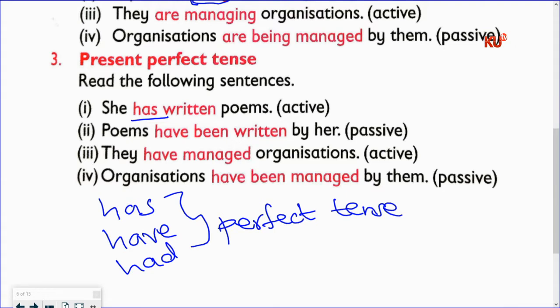Have is in plural already, and its past is had. So when you see those three helping verbs, they indicate perfect tense. Has indicates present perfect, while had indicates past perfect.